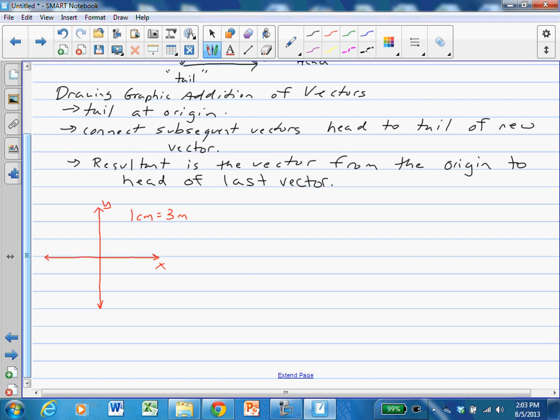And let's say we have vector A that looks like that. We have a vector B that looks like that. And we're given a C that looks like this.